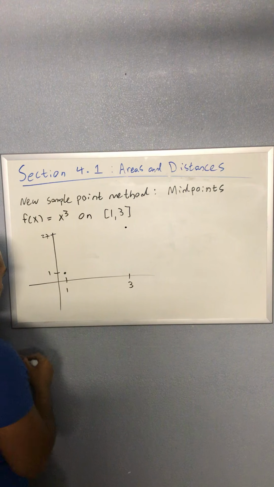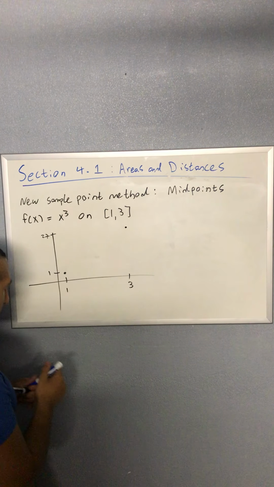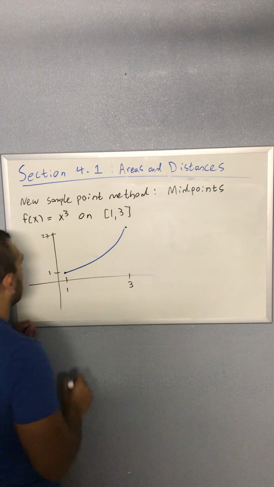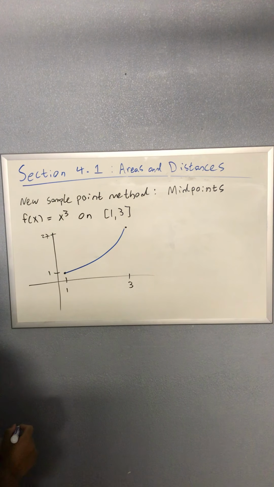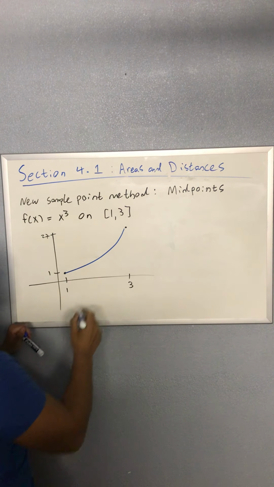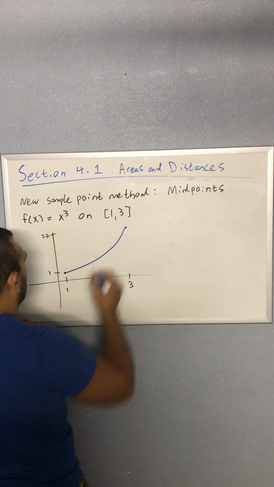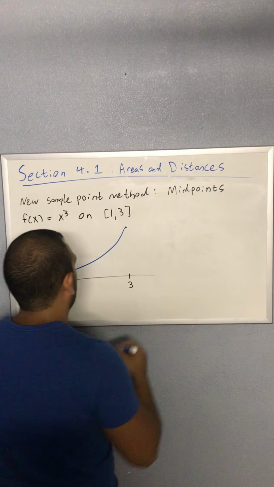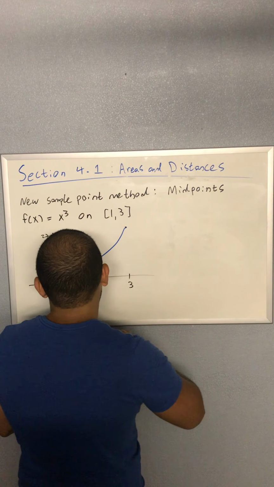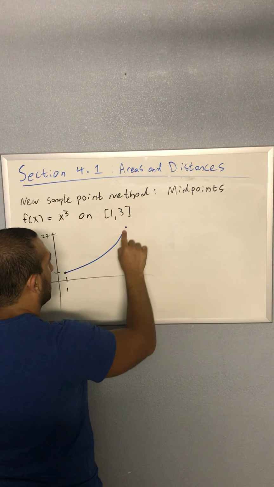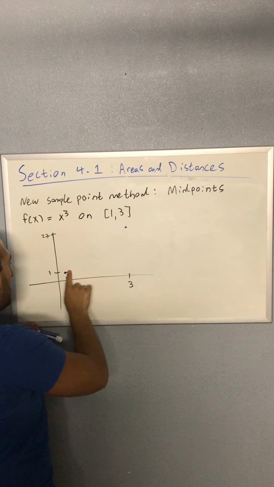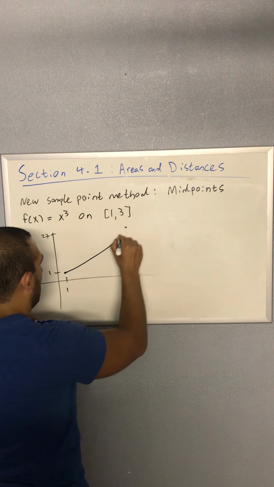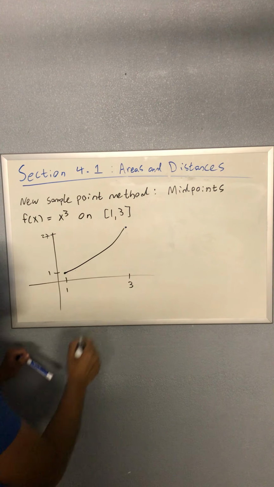This is a very rapidly increasing function, so we're just going to look at this piece of it, from 1 to 3. It's rapidly increasing to 27.